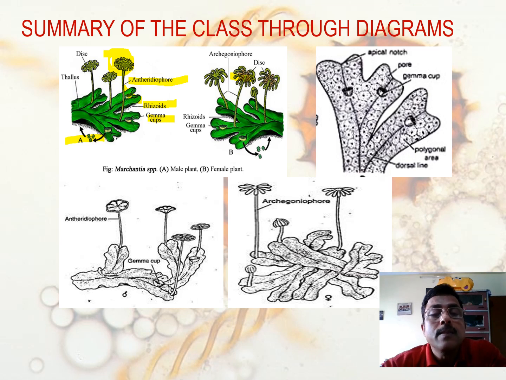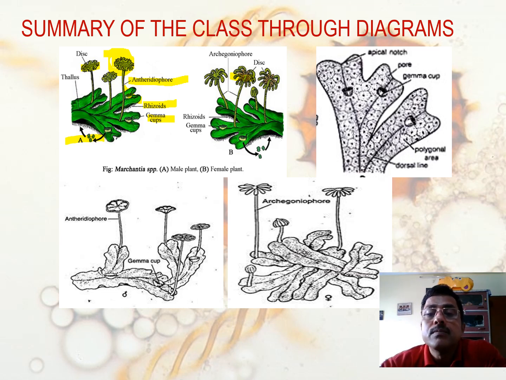So here you see this is the antheridiophore. The antheridiophore possesses a disc or a receptacle with lobed margins, but this disc possesses finger-like projections.